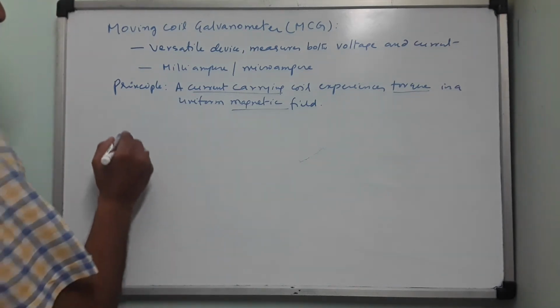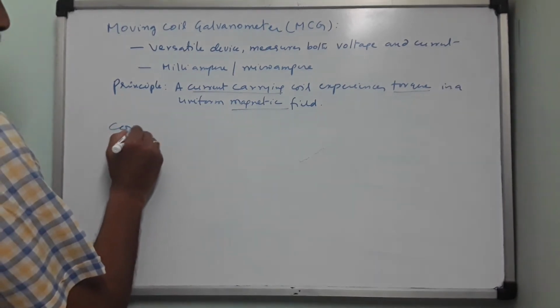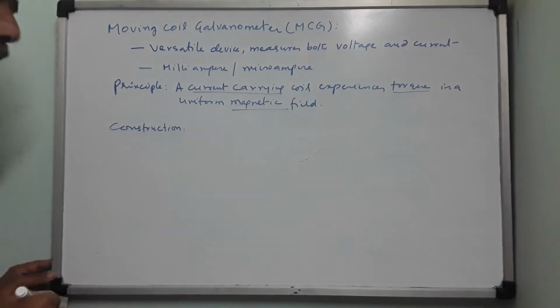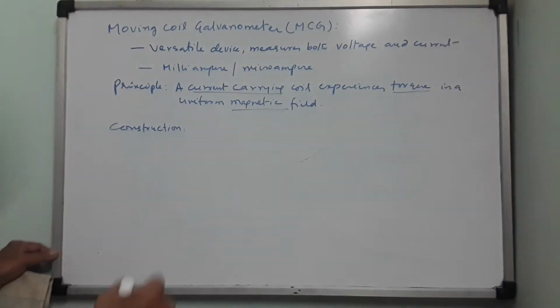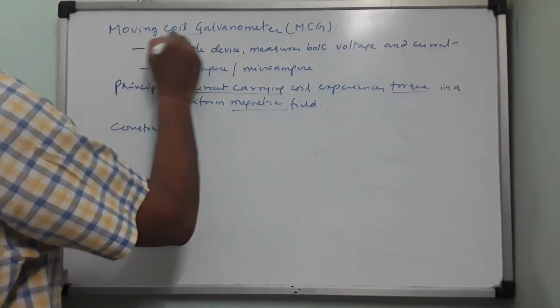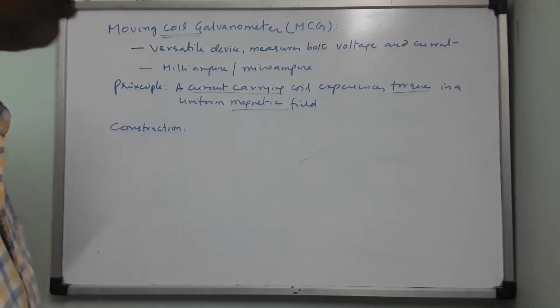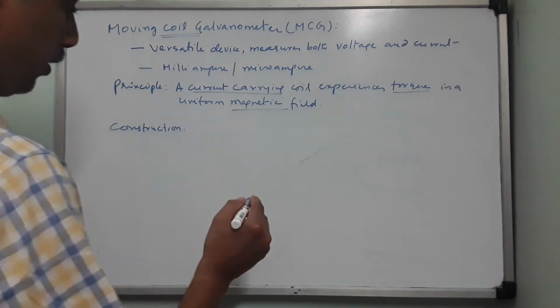Now we will see the construction. What are the main parts of this moving coil galvanometer? As the name suggests, it is a coil, which is very important. It is the heart of the MCG.